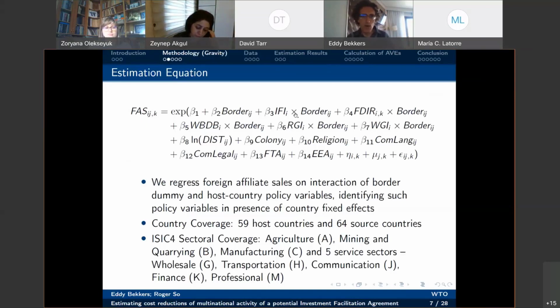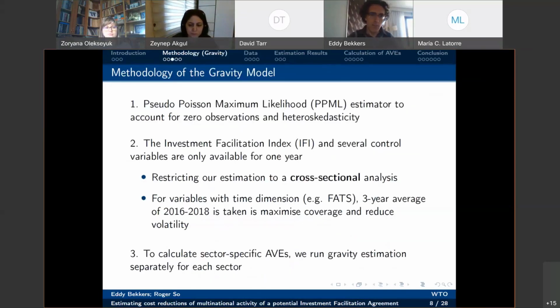Now, let me go a bit more into detail on that. As background, we do PPML, which relates, I think, to a comment in response to Roger's presentation. I think nowadays people almost always do PPML and do not work with the log and take 1 plus FDI. So this is standard.